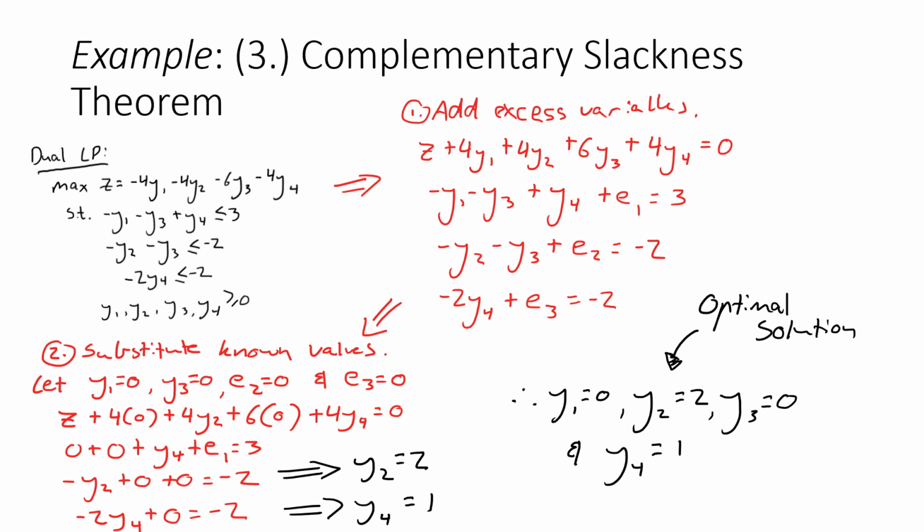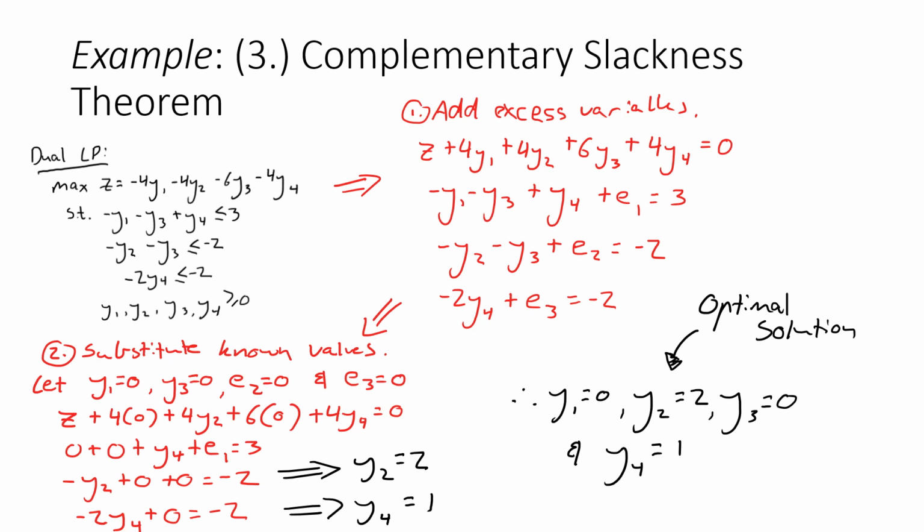Now we can use the dual LP that we had calculated earlier. By introducing the excess variables, we can substitute all of the values we established before that were part of the dual LP. This is y1 equals 0, y3 equals 0, e2 equals 0, and e3 equals 0.